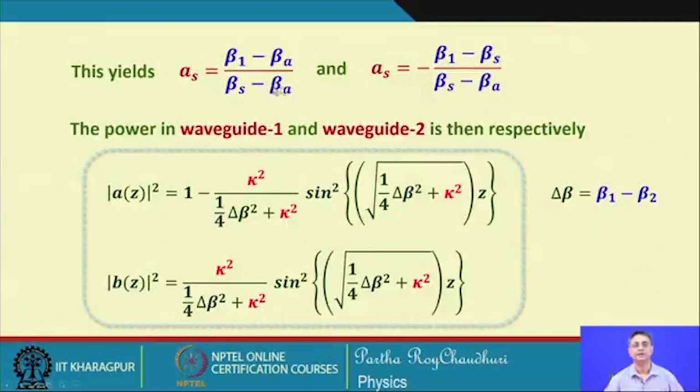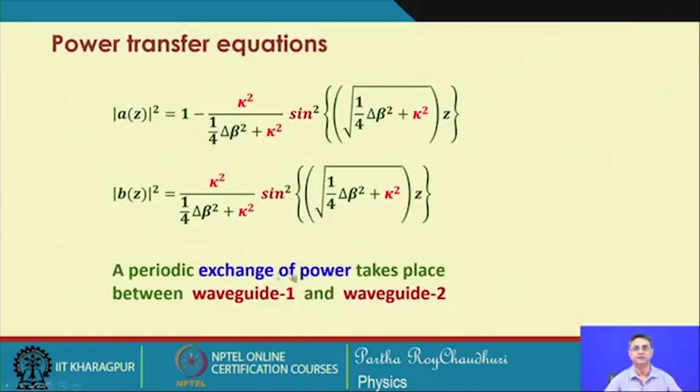So, I get this power transfer equation, and this is the most general form of power transfer for weakly interacting waveguides in the form of directional couplers, and this A z square and B z square are the powers in waveguide A and waveguide B, or waveguide 1 and waveguide 2. This equation is very useful and very general, and when you consider two identical waveguides, we write this equation in this form, A z square and B z square.